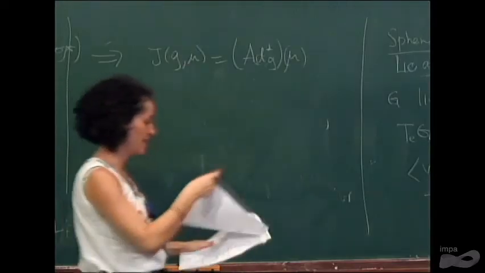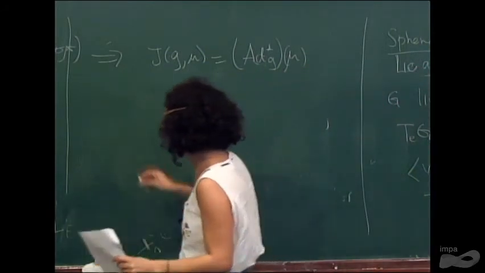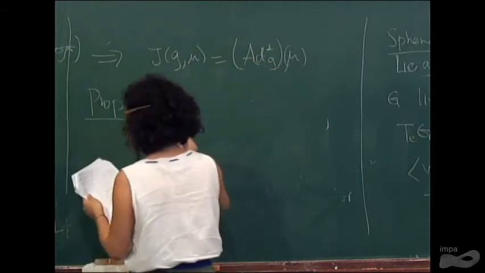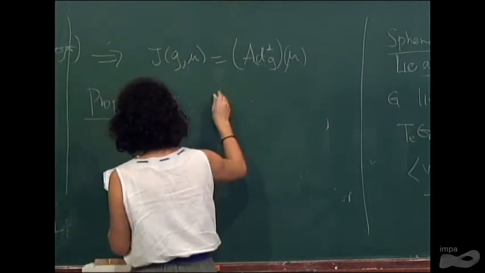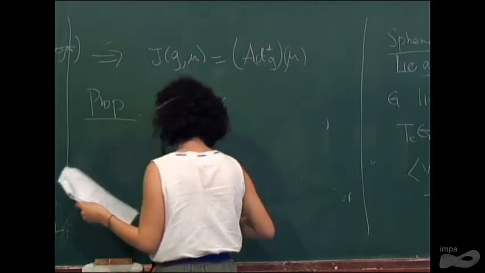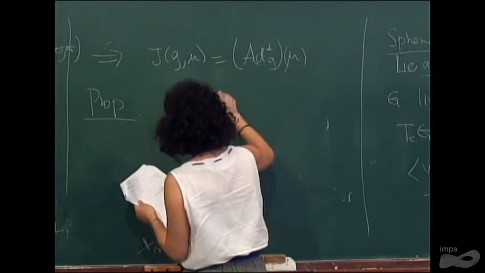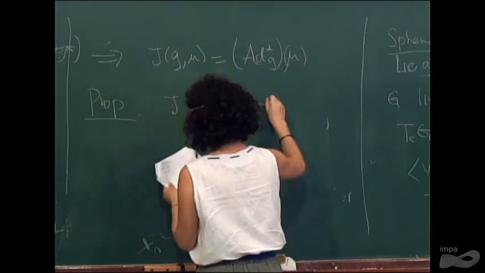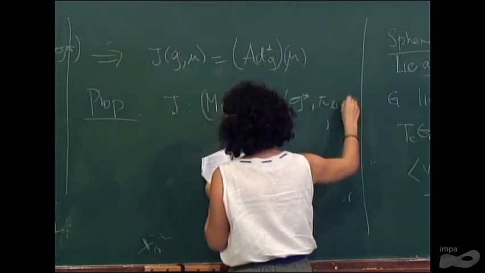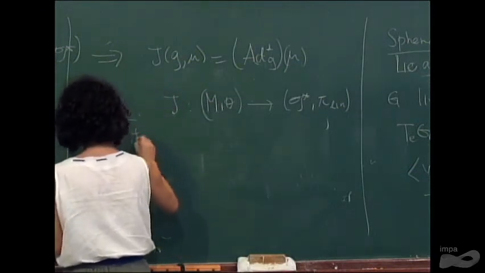Nice. Okay, so proposition: J, well, let's say in general, is a Jacobi map.